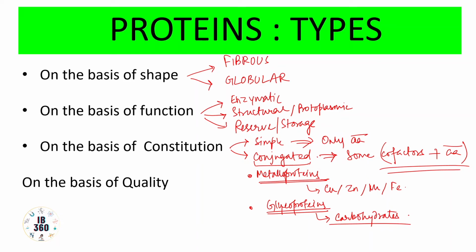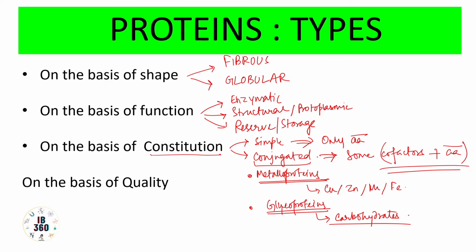Okay, so this is the classification on the basis of their constitution. Now the last bit, that is classification on the basis of their quality. Now see, another type of proteins are also found, which are known as derived proteins, but they are not in your syllabus.